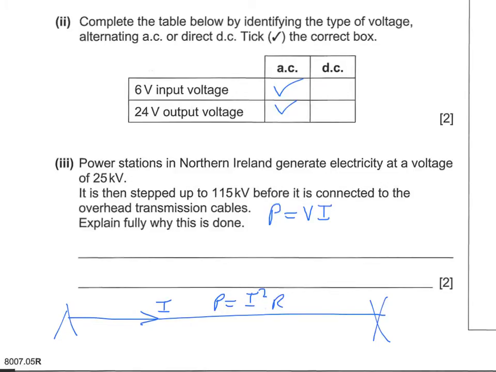So what we choose to do is use a high voltage. That allows us to use a very low current and reduces this wasted energy. So by using a high voltage and a low current, we can produce transfer of electricity from one place to another much more efficiently and with much less energy wasted as heat.